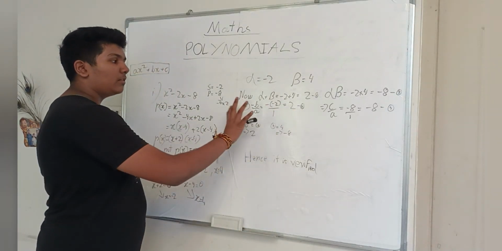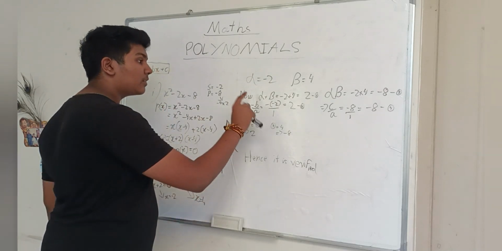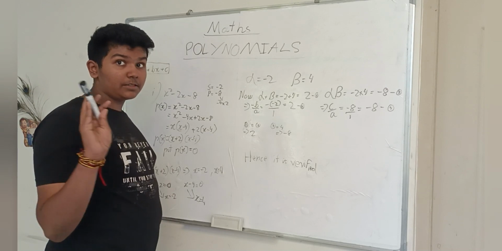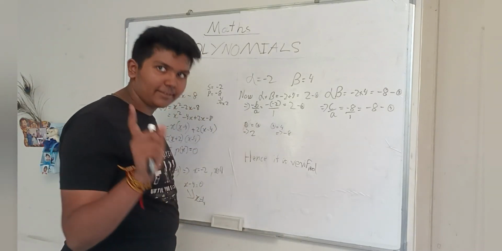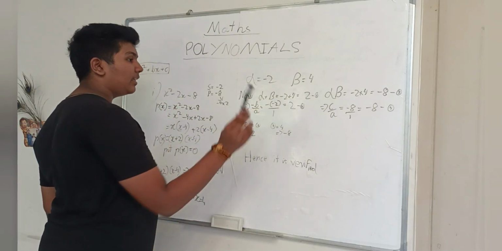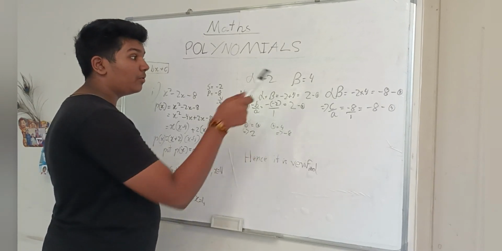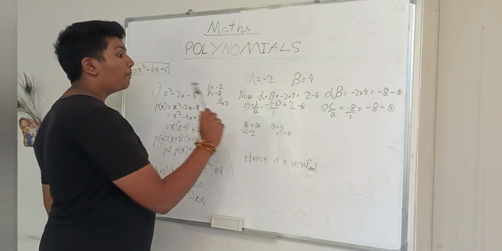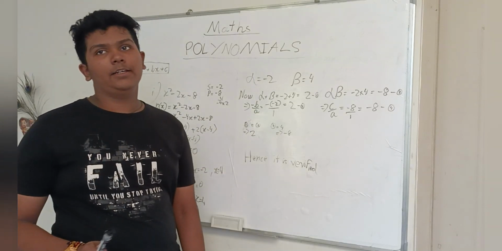So the first verification is the sum of the zeros, that is alpha plus beta, which as I said is equal to positive 2, equation number 1. Now this should equal minus b by a.